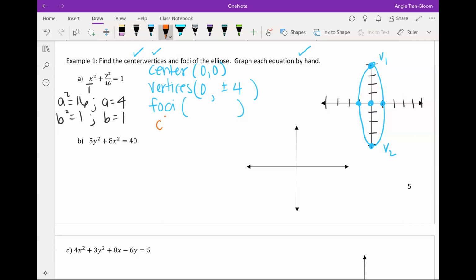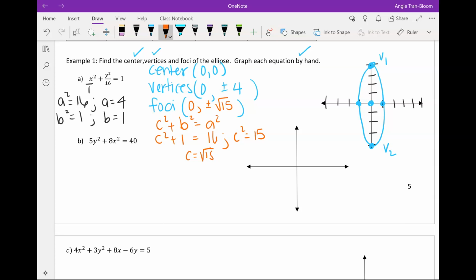Formula is c squared plus b squared equals a squared. c squared is unknown. b squared is 1. a squared is 16. That means c squared is 15. Yes or no? c is radical 15. Okay. No, I don't need you to put in decimal. You just know. Yeah. We're going to do plus or minus radical 15.